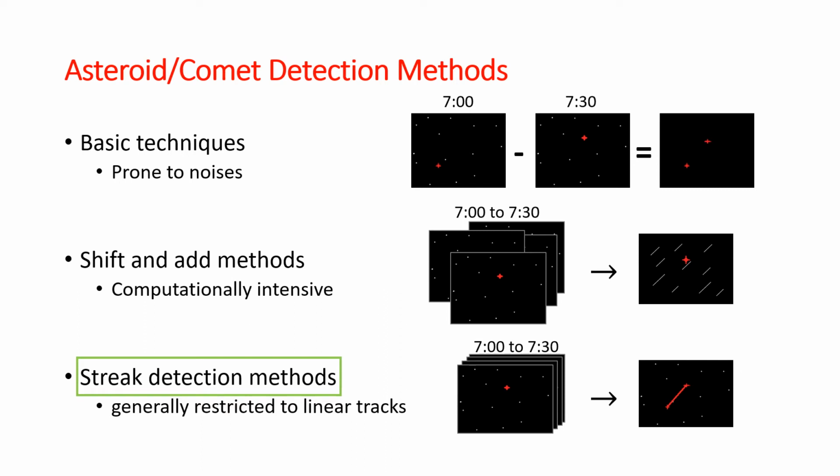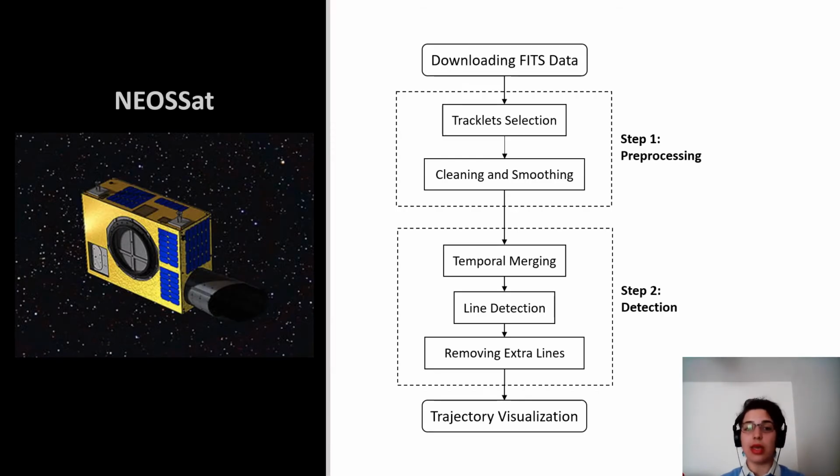Our approach is a strict detection method, and our goal was to decrease the dependencies of this technique to the size of the object and shape of the path of the moving object. Let's take a look at the overall process of our algorithm. We use NeoSat images.